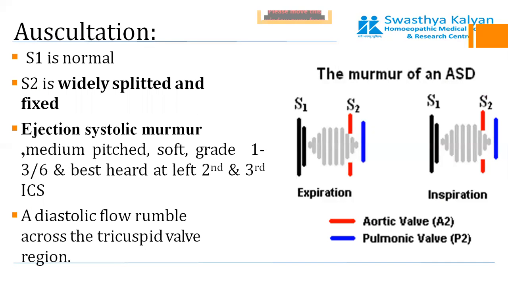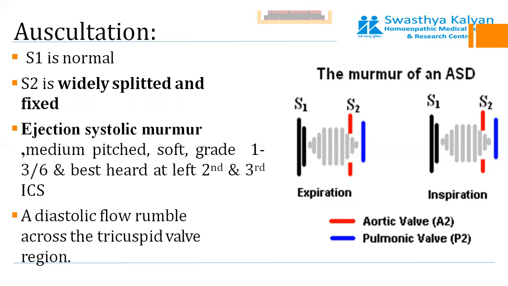Now, about the auscultation, the type of sounds that we listen to: S1 is normal, that is the first sound is usually normal, and S2 is widely split and fixed. So, we get a disruption in the second heart sound.